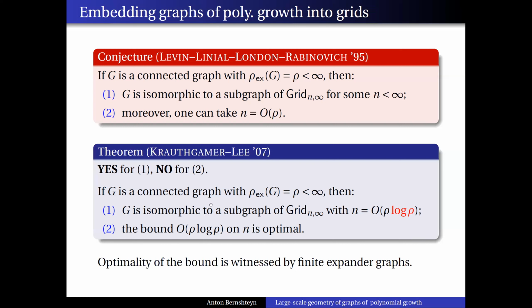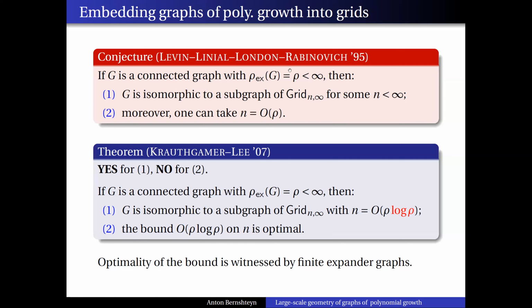The examples showing that this logarithm cannot be removed are finite expander graphs, which is a weird situation to be in, because on the one hand they're finite, which means that asymptotically, if you're thinking about asymptotic geometry of these graphs, they should be trivial somehow. But of course, even for finite graphs, there is some difficulty here, because if you want to realize a finite graph as a subgraph of some n-dimensional grid, it's still a non-trivial problem. And depending on how dense your finite graph is, the dimension of the grid has to go up.